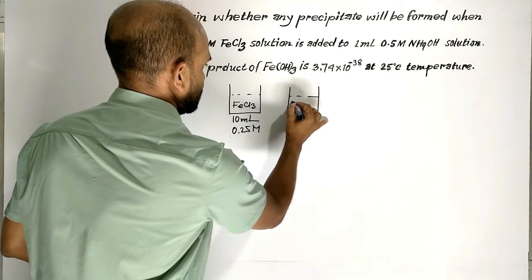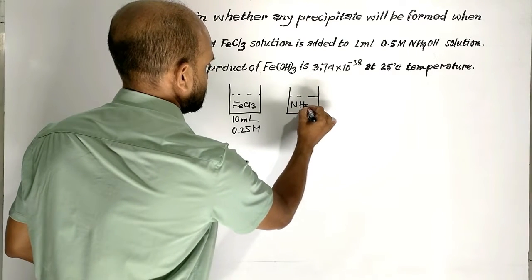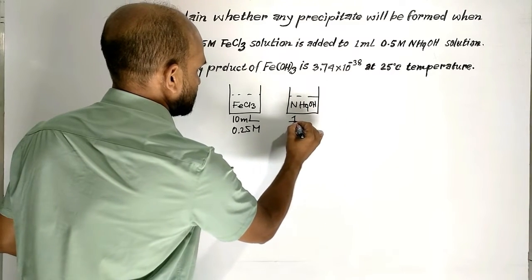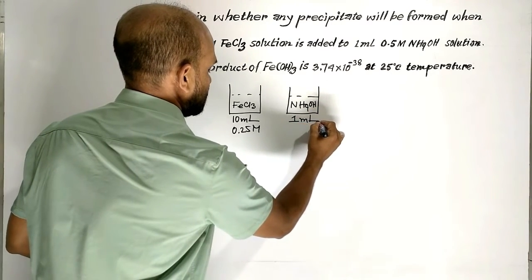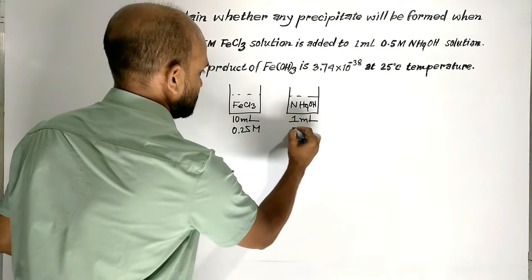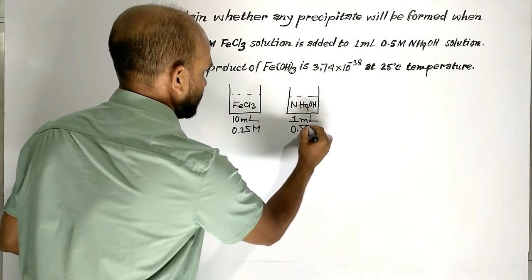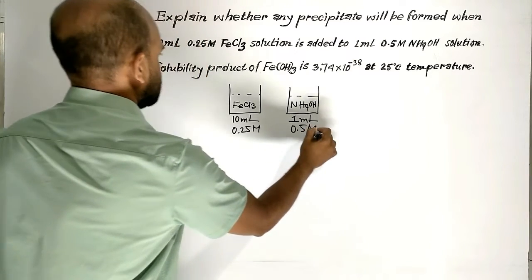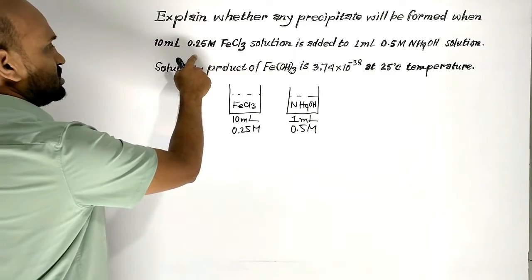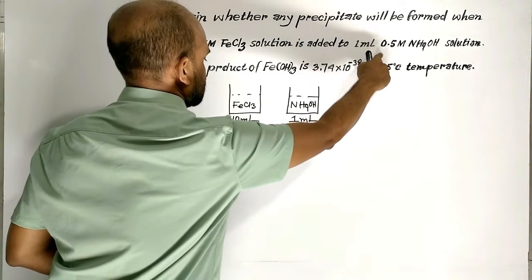This is a solution of ammonium hydroxide. Its volume is 1 milliliter and the strength of this solution is 0.5 molar. In the question it is said that one solution is added to another solution.